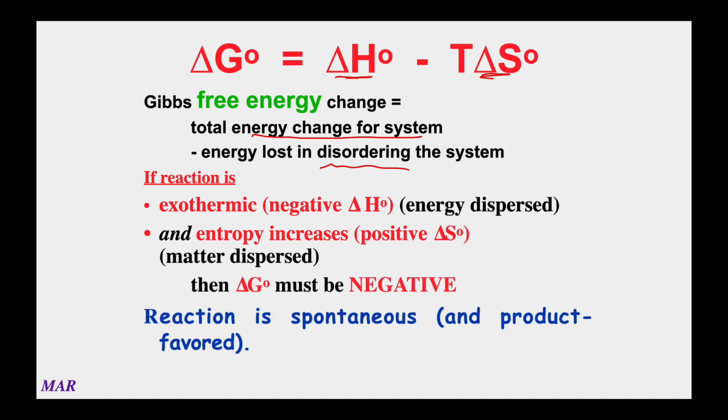You're always going to have a negative delta G. If you want a reaction to be spontaneous all the time and product favored, you want a negative delta G. And you will always get a negative delta G, a spontaneous reaction, if you have an exothermic reaction and an increase in the entropy, a negative delta H and a positive delta S. Those conditions will always be spontaneous, always product favored.